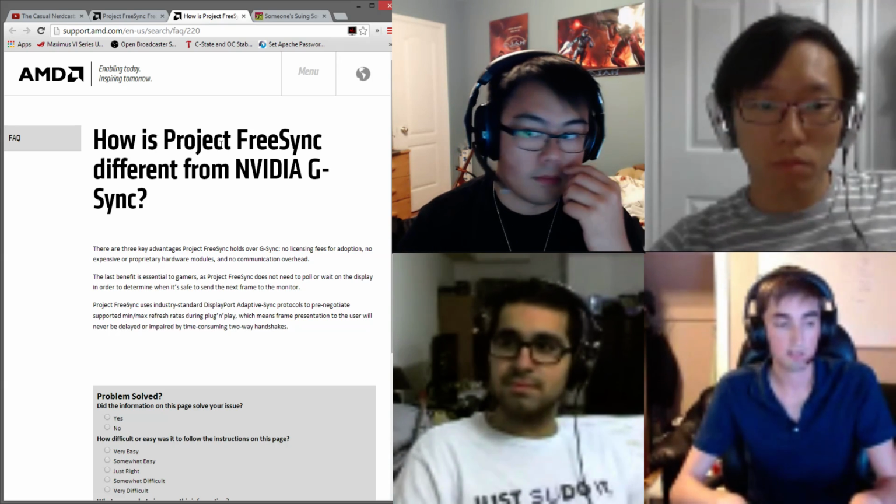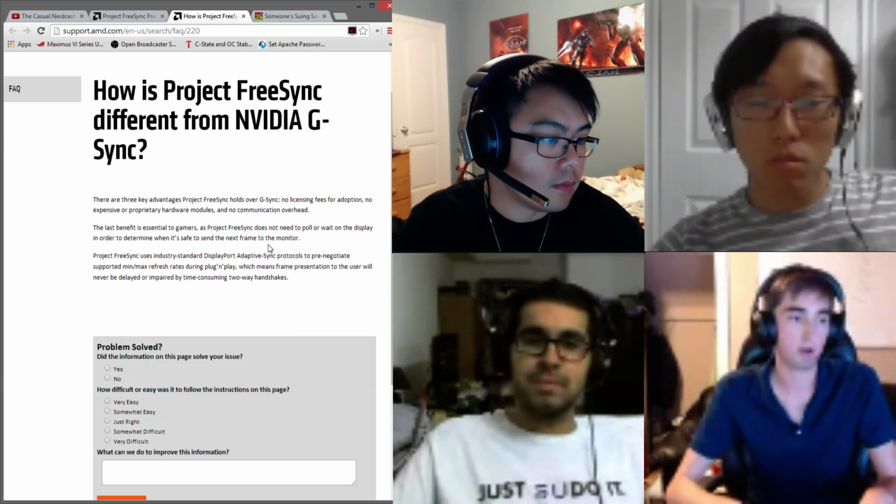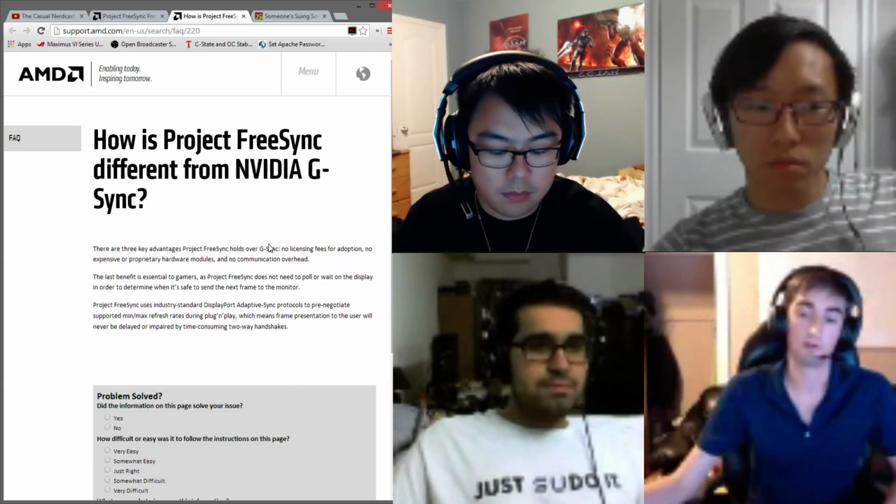This FreeSync is going to be only available in monitors that have the 1.2a DisplayPort plug, right? So it's a VESA standard, so it's hopefully going to be standard across all 1.2a DisplayPorts. Way better than the 1.1.